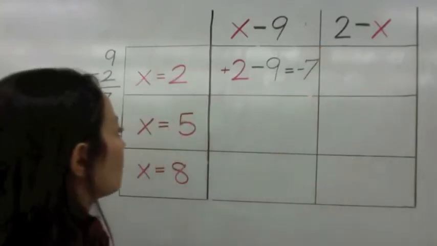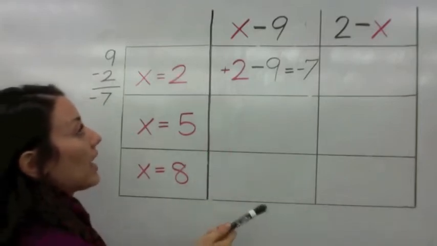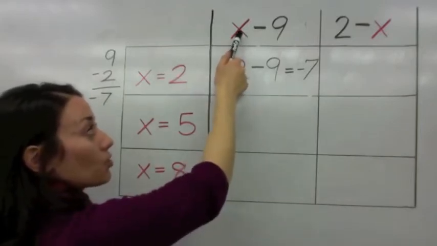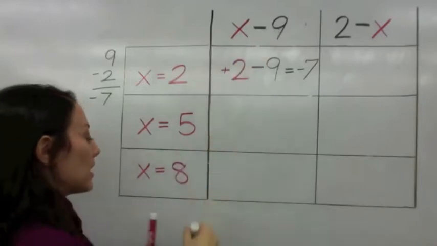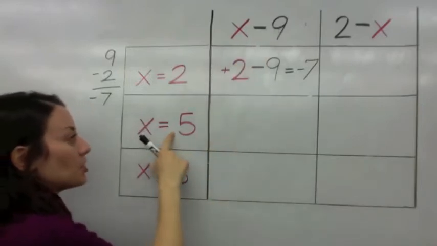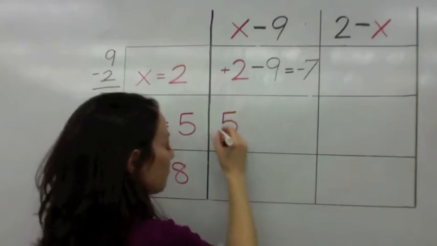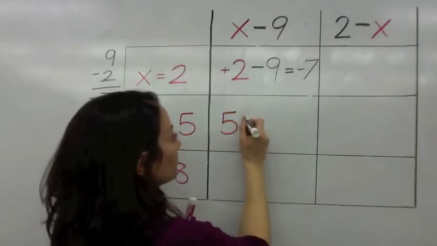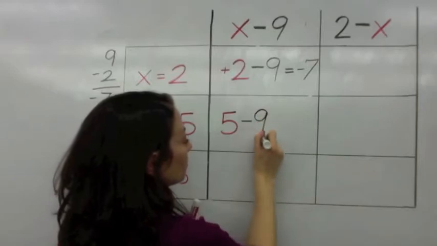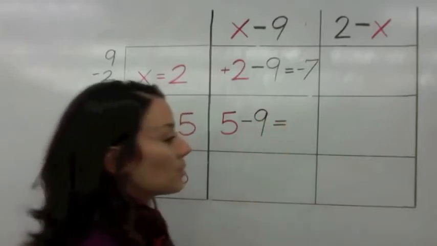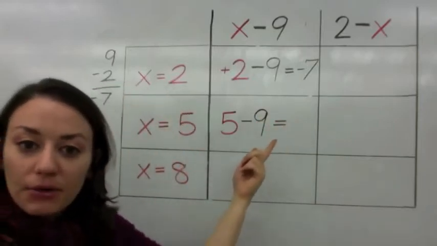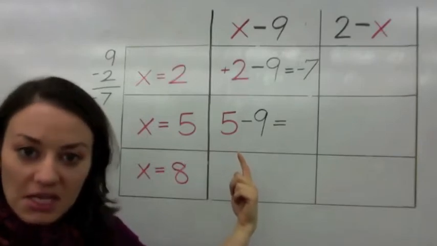Let's keep going down. What about when x is 5, and we're trying to take away 5 minus 9? We're going to substitute 5 in the place of x. 5 minus 9. We're in the same situation where we're trying to take a bigger number from a smaller number, yes?